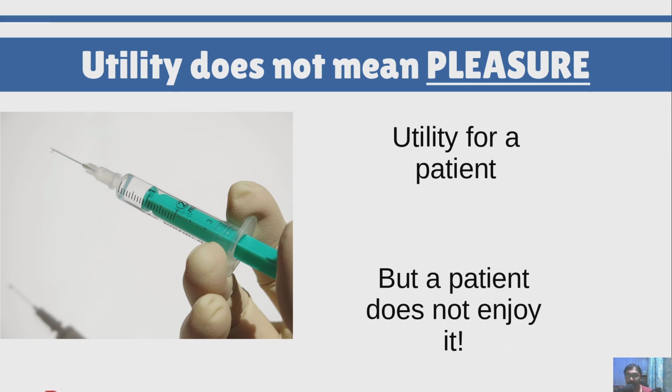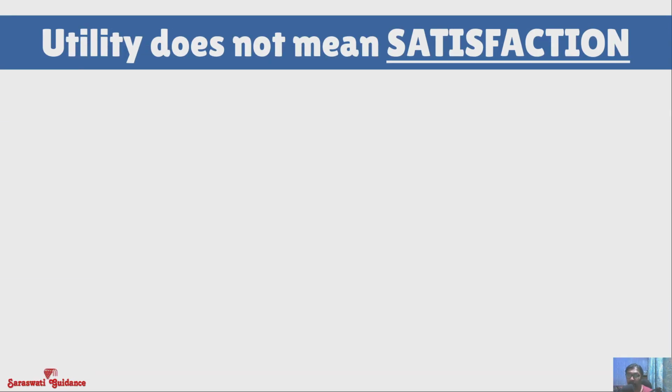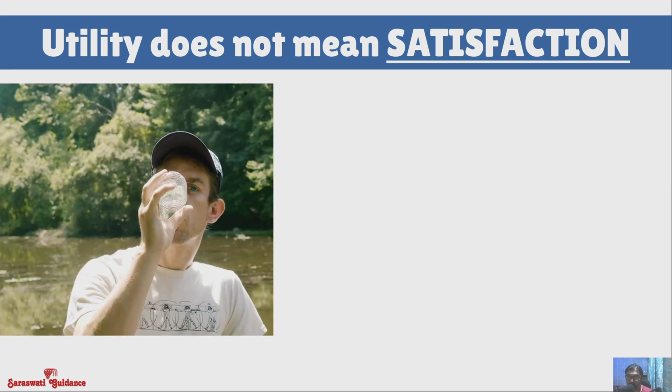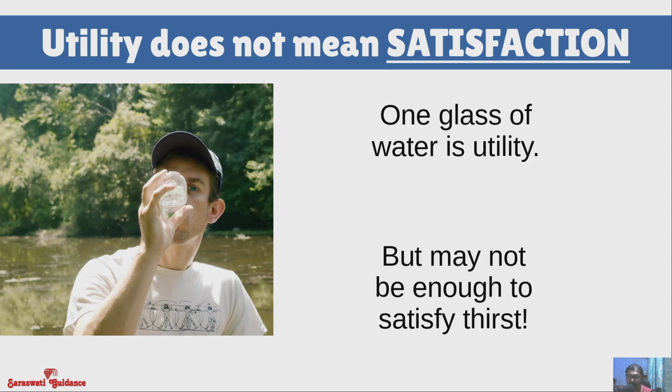Utility does not mean satisfaction either. This is the next feature of utility. Remember what we are studying? We are studying utility and its features. Take a look at this picture. Here we have a picture of a man drinking water. But what is the meaning of utility does not mean satisfaction? One glass of water has some utility. Absolutely, yes.